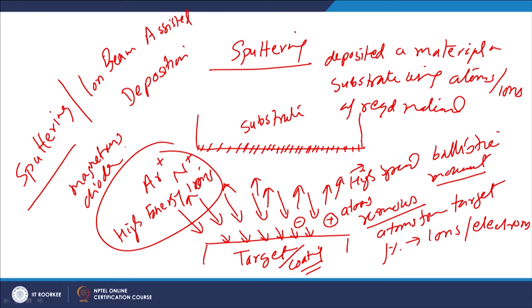Whatever ions and high energy atoms are achieved are further accelerated towards the substrate using a suitable bias created between the target and the screen.